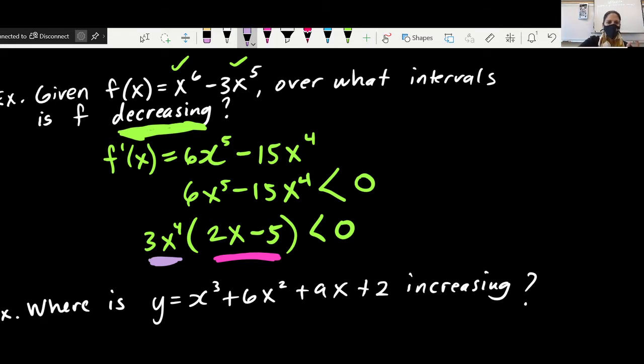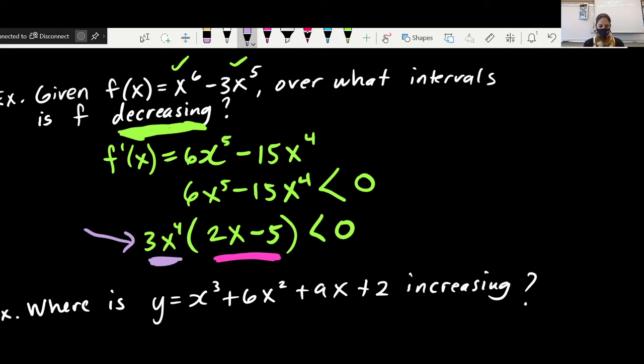Do you see that we have 3x to the power of 4? If I want this whole thing, that times 2x minus 5, to be less than 0, do you see one of them has to be negative? I need a negative times a positive in order to achieve that, right?